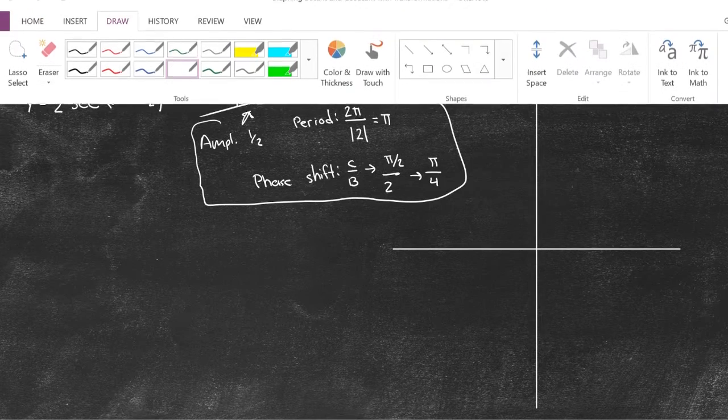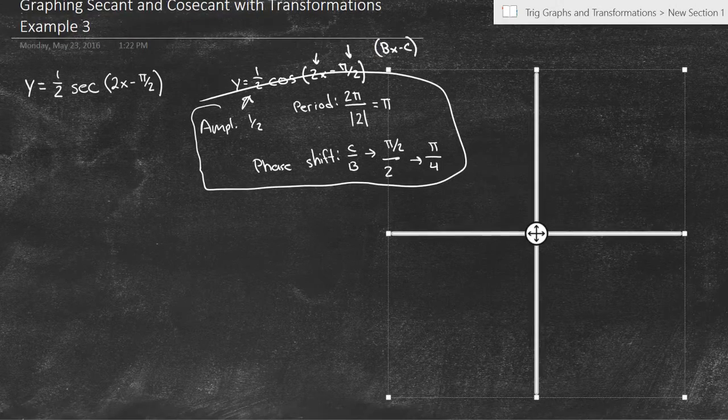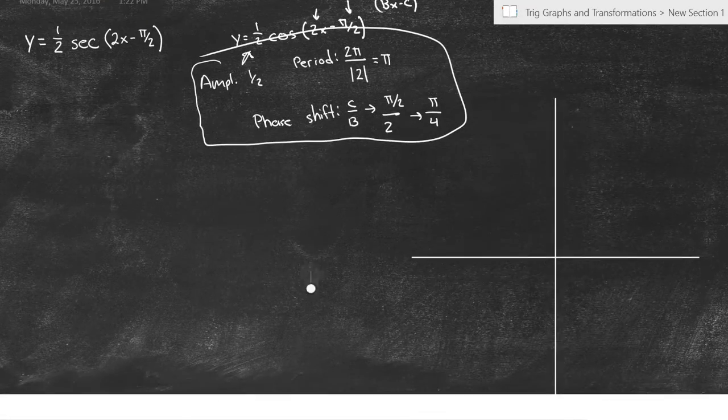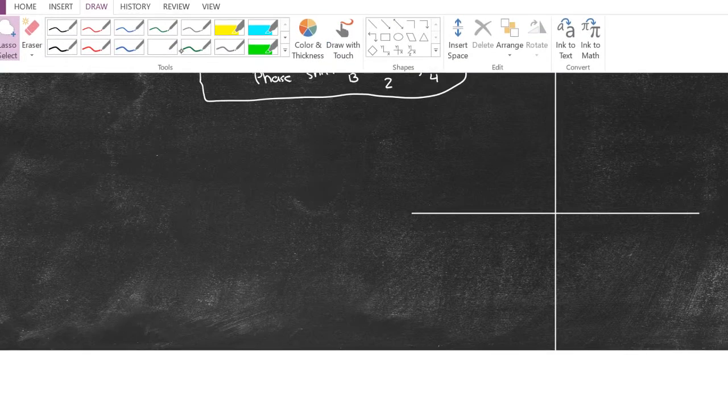So let me move this graph a little bit so I've got some space. There we go. Okay, so we got that figured out. Now let me just get to graphing.